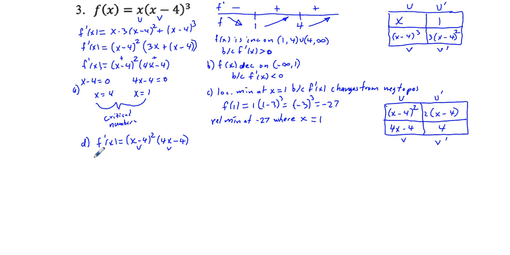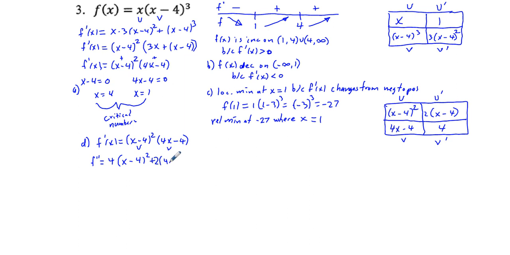So f double prime, second derivative, is equal to U V prime, so 4 times quantity x minus 4 squared, plus V U prime. So we have this 4x minus 4 times, what I'm going to do is put this 2 out front, right? Because I had 2 times quantity x minus 4.